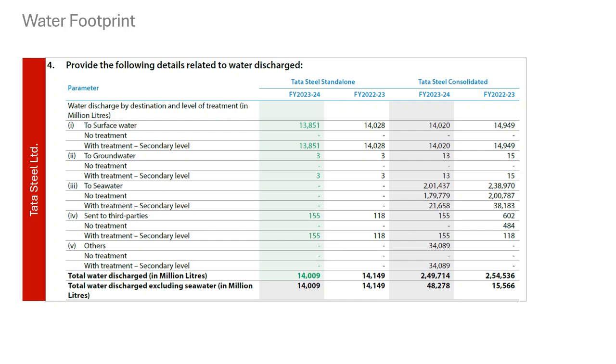In secondary level of treatment, biological processes are used to break down the dissolved organic matter. Tertiary treatment is further refined to remove the inorganic compounds using chemical processes. Here we can see Tata Steel treats water till the secondary stage before discharging it into the nearby water bodies.